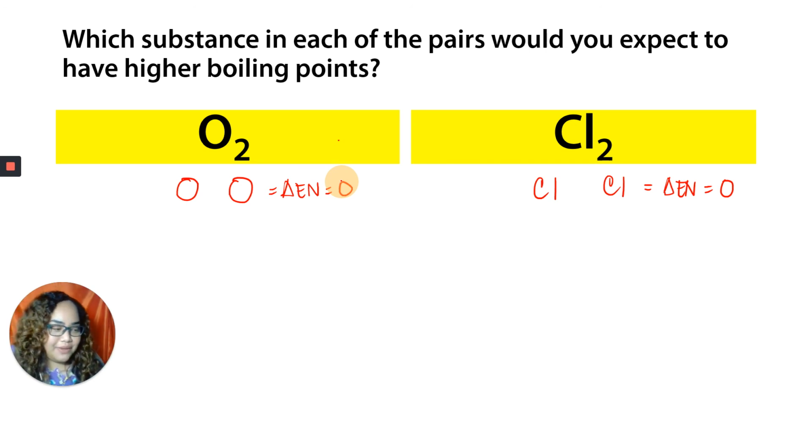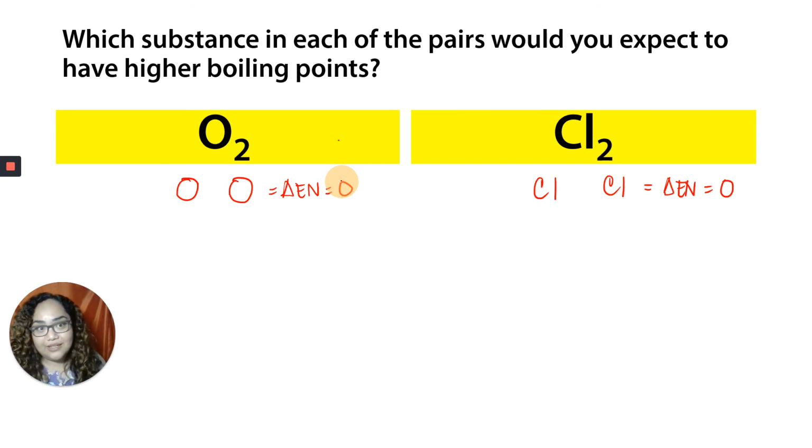Now, if you remember in periodic trends, when you go from left to right, the atomic size would increase. If you go from top to bottom, the atomic size will also increase. If you look at the periodic table, I printed out one, you would see that chlorine is a little bit further to the right than oxygen.